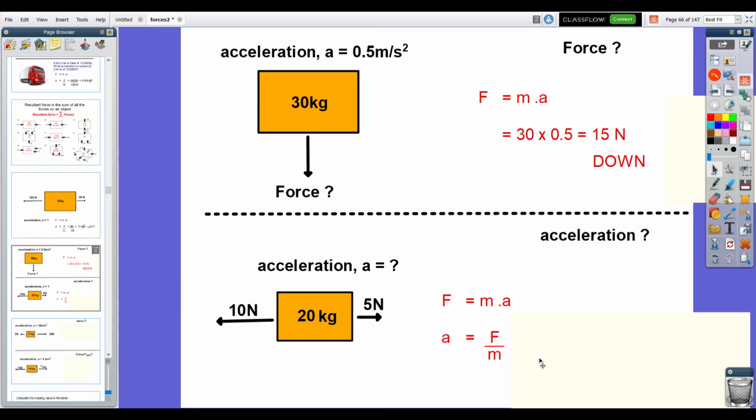So that gives us a resultant of 10 minus 5, divided by 20. So it's 5 divided by 20, which gives us 0.25 meters per second squared. Acceleration is a vector, so we're going to make sure we add 'to the left' to give a nice complete answer.